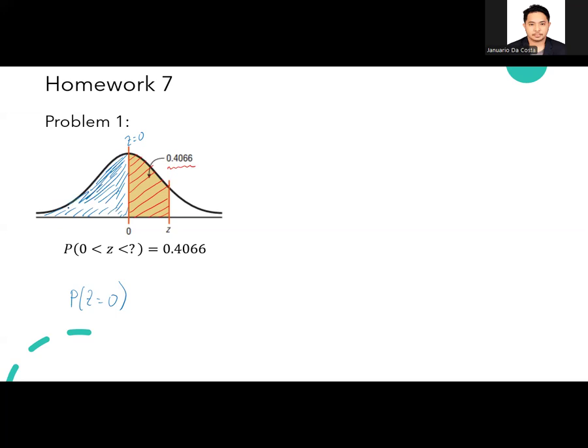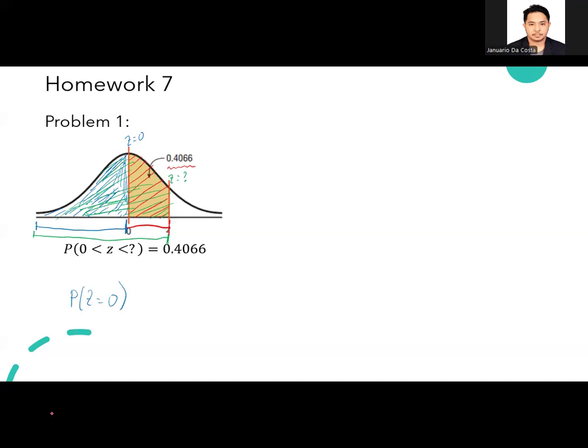Now, if we want the z value that we don't know, everything to the left of that value is green.